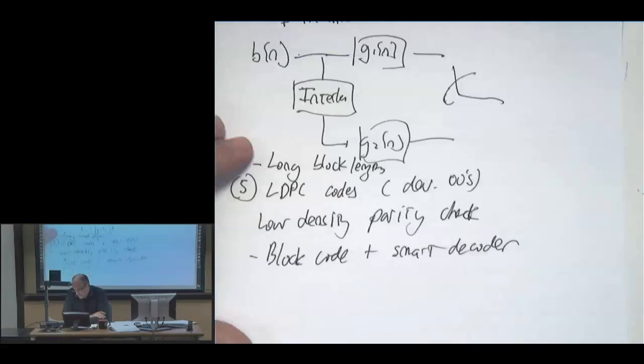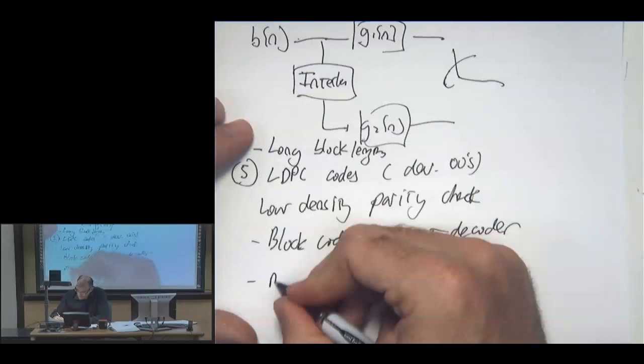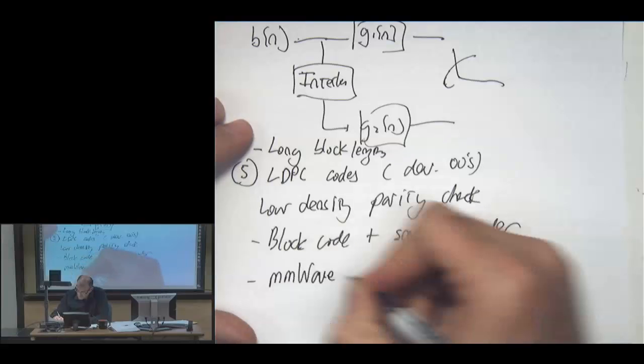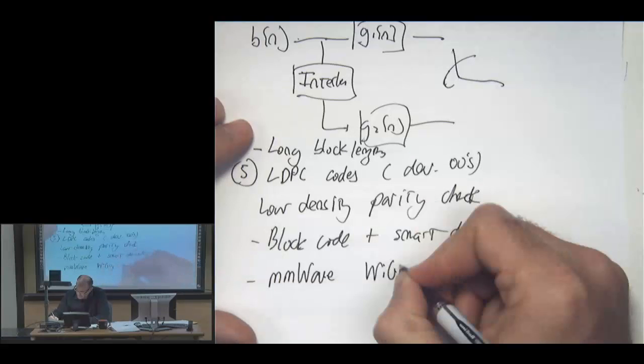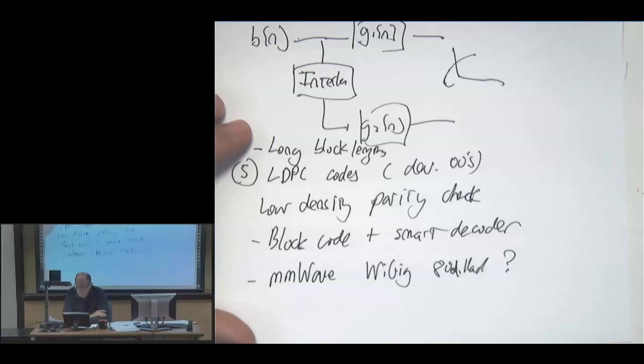I'm trying to think here if they've been used in any. I've seen them proposed in various wireless systems. They are used in some of the millimeter wave specifications. I forget if it's, I want to say WiGig, which is 802.11 AD. I think they're used there. So this has been relatively recent that they've been used.